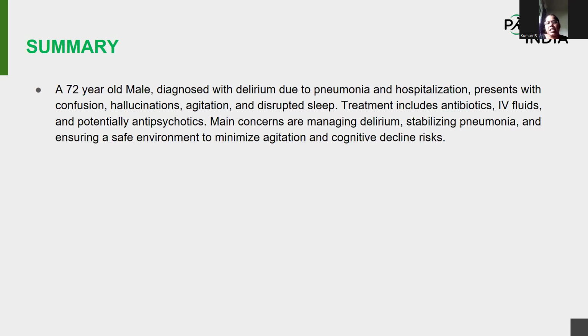Summary: a 72-year-old male diagnosed with delirium due to pneumonia and hospitalization presents with confusion, hallucination, agitation, and disturbed sleep. Treatment includes antibiotics, IV fluids, and potentially antipsychotics. Main concerns are managing delirium, stabilizing pneumonia, and ensuring a safe environment to minimize agitation and cognitive decline risks.